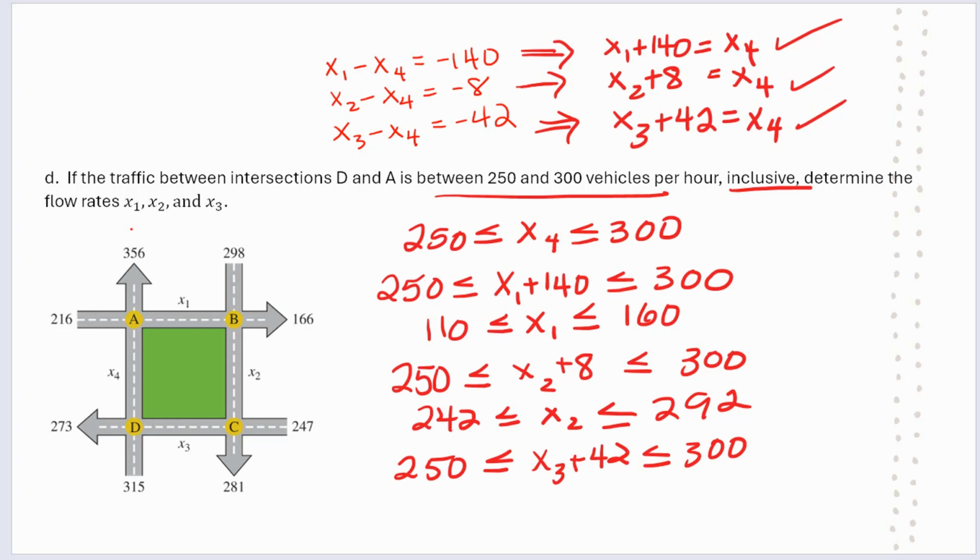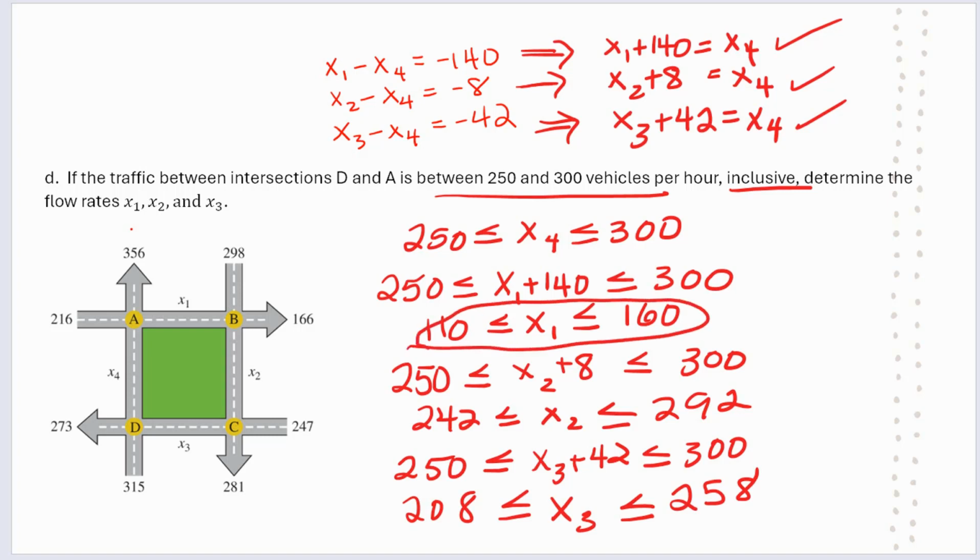And down here I'll subtract 42 on each side, and I'll have 208 is less than or equal to x sub 3, less than or equal to 258. So those would be the ranges for the other traffic flows if x sub 4 was between 250 and 300.